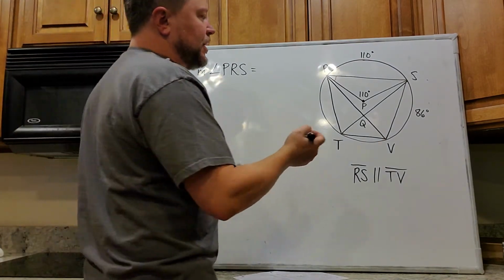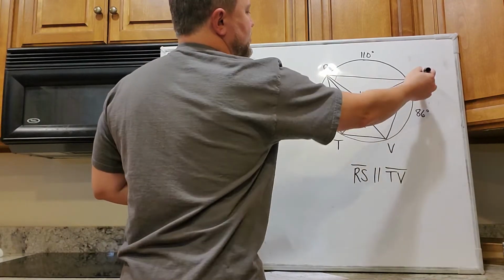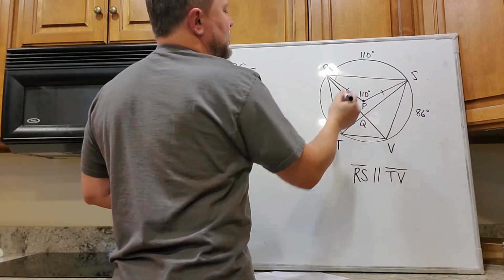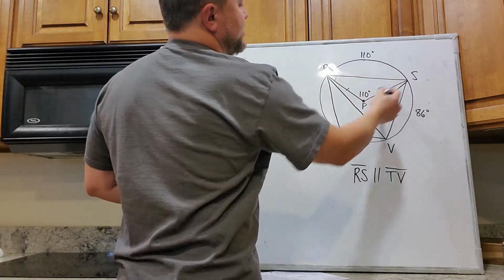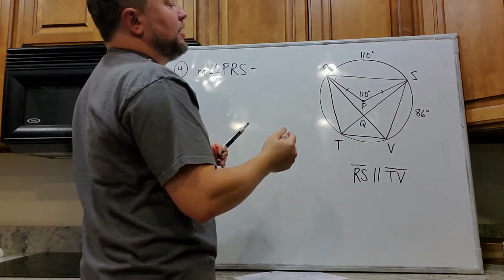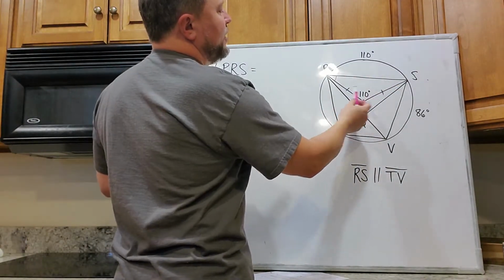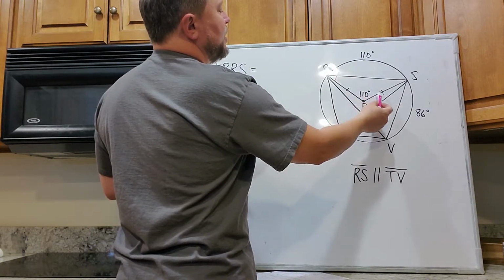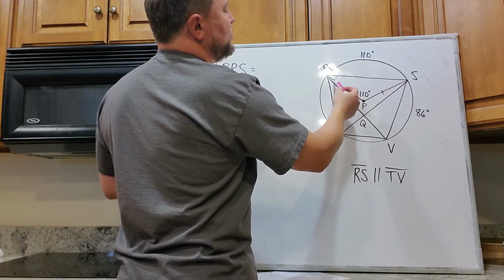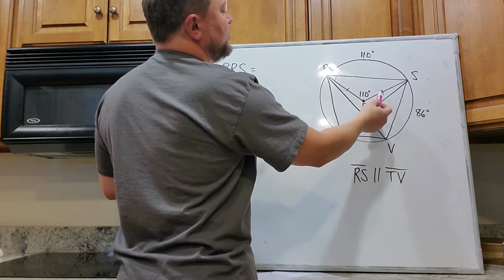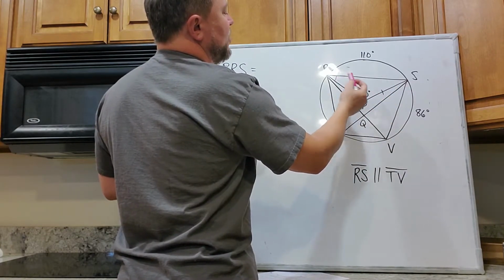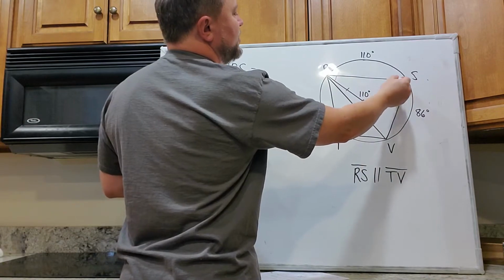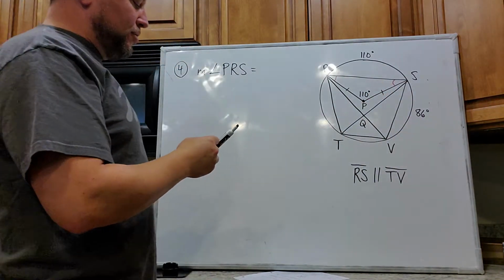Instead, I'm going to use this idea. See how PS is a radius and PR is a radius? That makes this an isosceles triangle. And in an isosceles triangle, not only do you have 2 matching legs or sides, but you should also have 2 matching base angles that are across from those sides. So across from this side was the angle I want to find. Across from this one is that angle. I know the 2 of those are going to match.